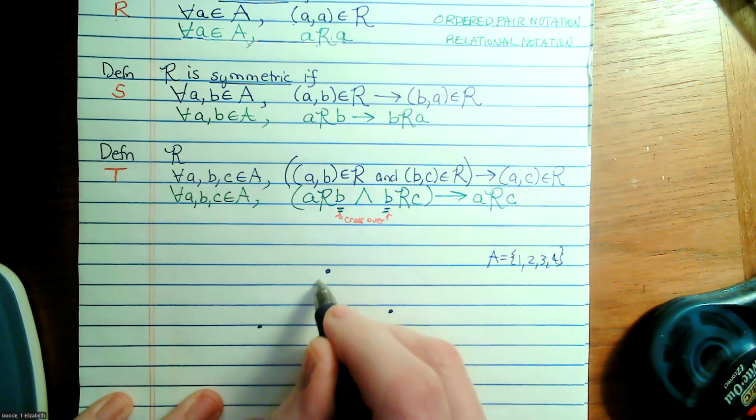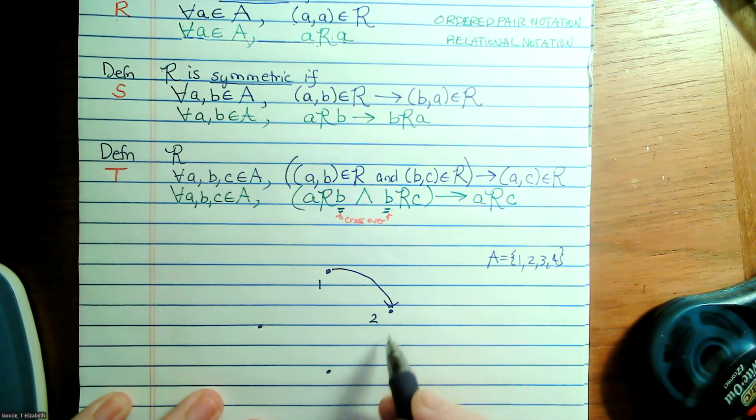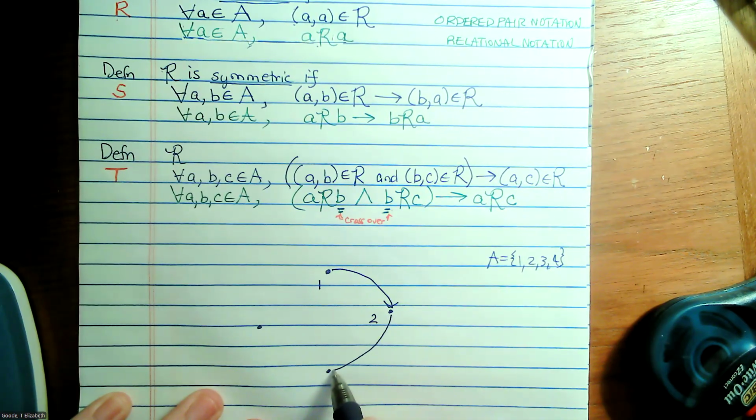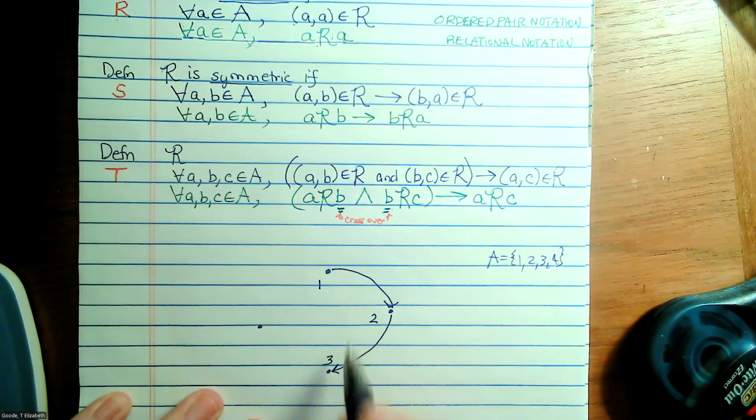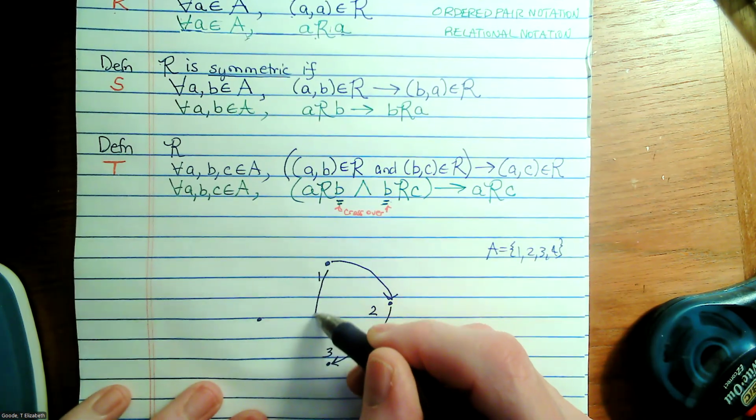If we have an arrow from 1 to 2, and an arrow from 2 to 3, if one is related to two and two is related to three, what kind of arrow do we need? That means we need an arrow from 1 to 3.